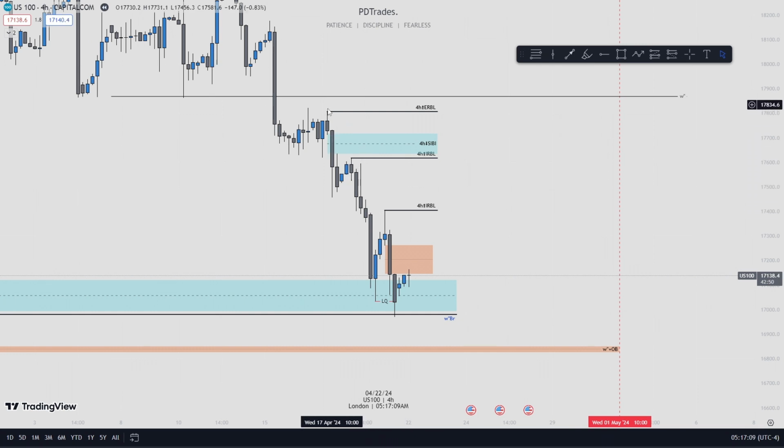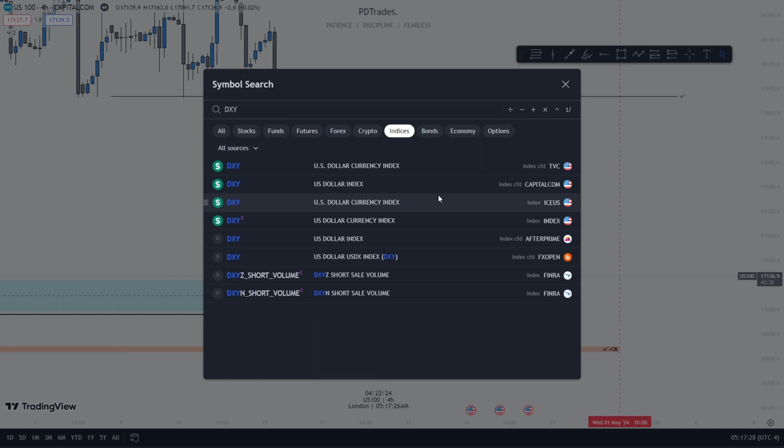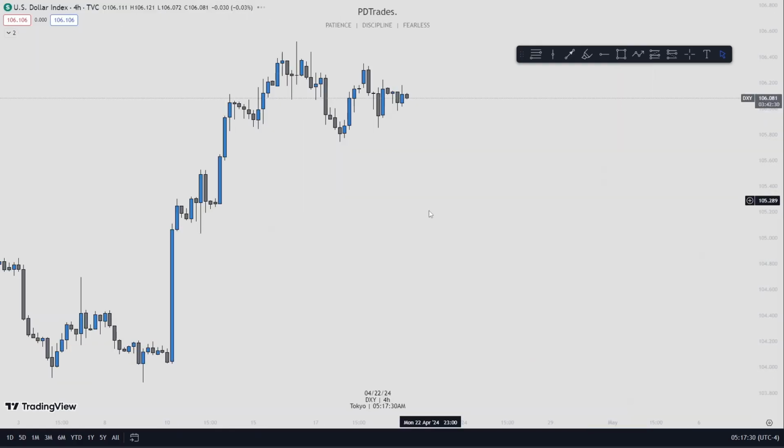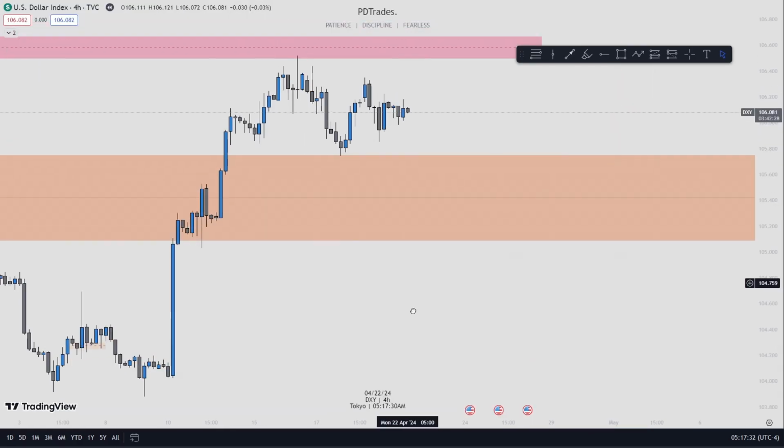Retrace to where? Narrative. Retrace to this internal range buy side liquidity. But if it really wants to take out these highs here, I would want to see a strong displacement above this fair value gap, using it as an inversion fair value gap to push price to the buy side. You understand that?